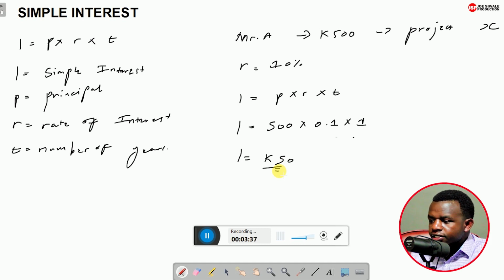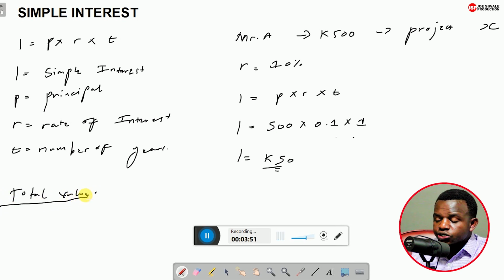Let us look at the total value of the investment after T years. So what do I mean? To calculate the total value of the investment after T years, we need to add the principal plus the simple interest.